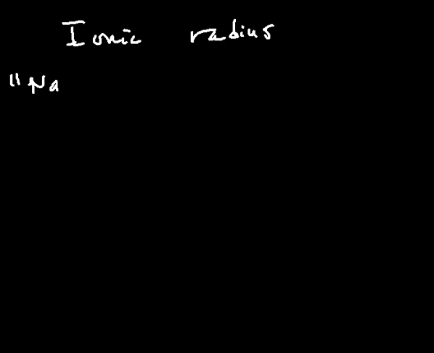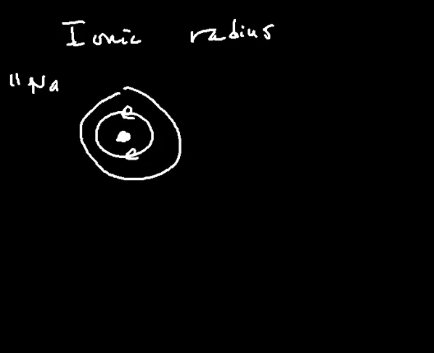If it is to lose an electron, let's look at the atomic structure of the sodium ion. The first shell has 2 electrons, and the second shell must have 8 electrons.